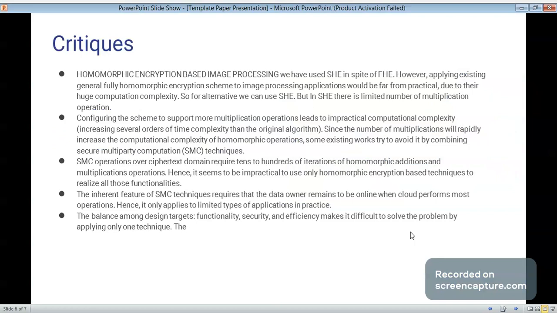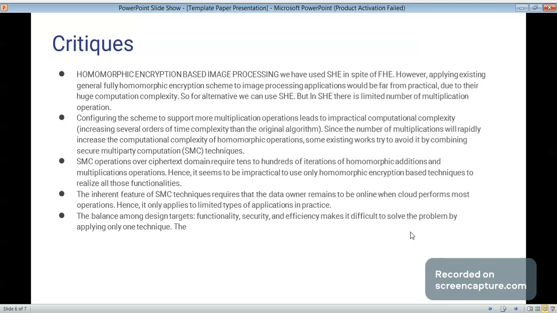And in terms of critique, as I mentioned, we have used SHE in comparison to FHE, because FHE has huge computational complexity. We can't afford that, so SHE provides a better alternative approach. But there is also a limitation in SHE: a limited number of multiplication operations, so it has limited application. But we can use the SMC technique to avoid the limited multiplication operations, and it has provided quite good results on many applications.